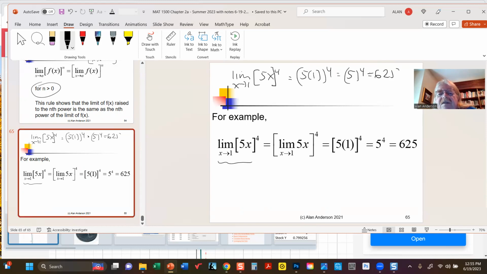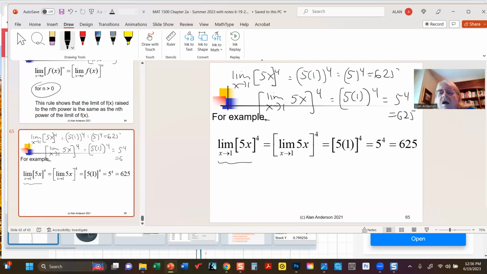Here, what's happened is that you're going to have the limit. Actually, we don't even need to write this again. You would have 5, 1. Now you notice it's exactly the same thing. But again, algebraically, there may be times where one is more convenient than the other. So it's important to understand that the two mean the exact same thing.